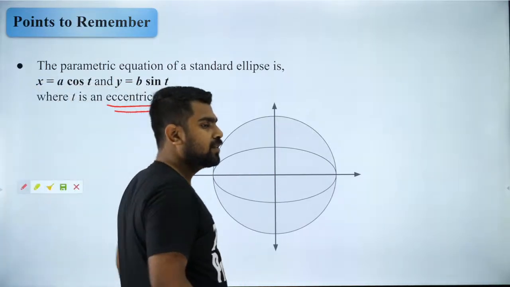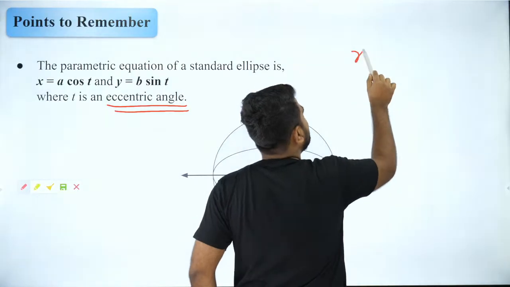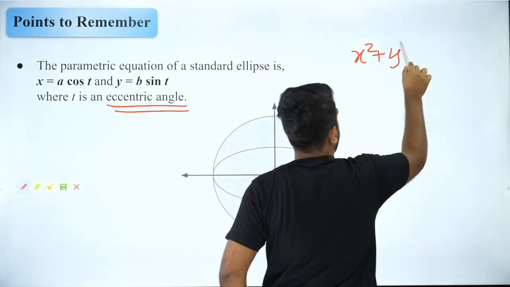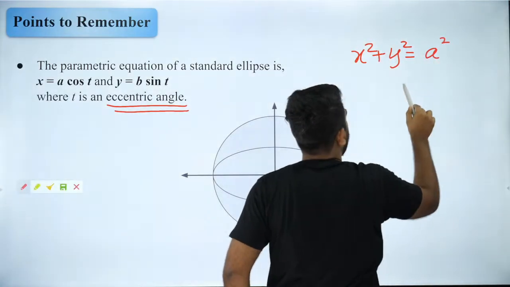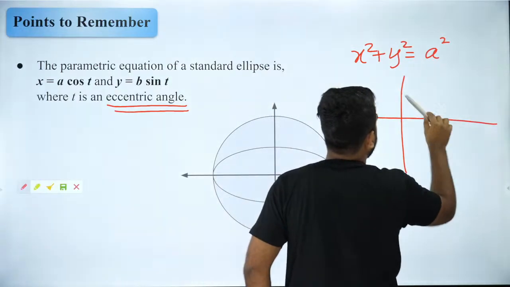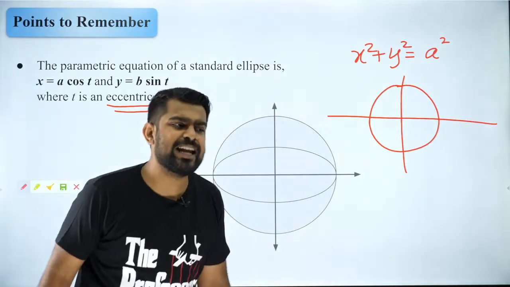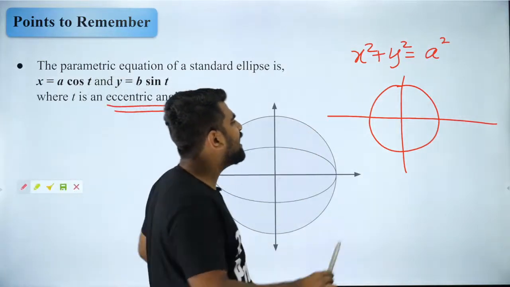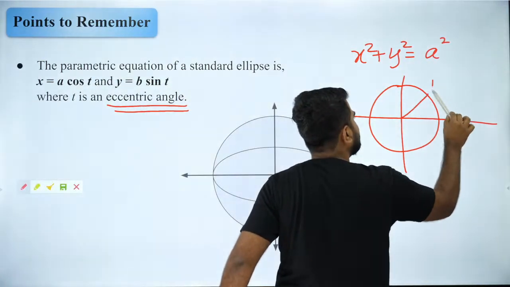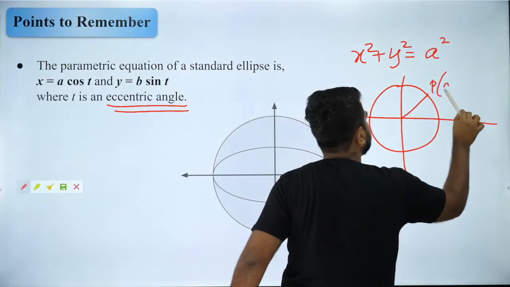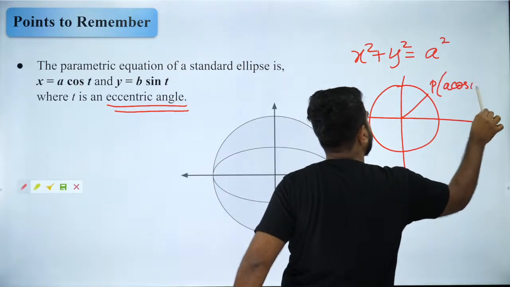Very good guys. So let us say I have a circle x square plus y square equal to a square. So how does it look like? The circle is going to be having the center at 0, 0. And the radius is going to be a. So if I take any parametric point, let's say P, I can write this as a cos theta, a sin theta.